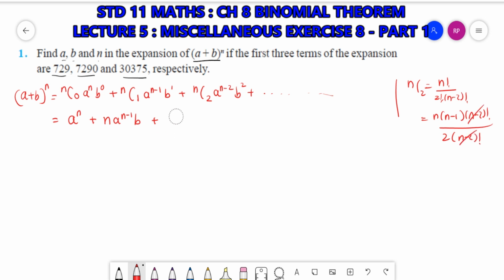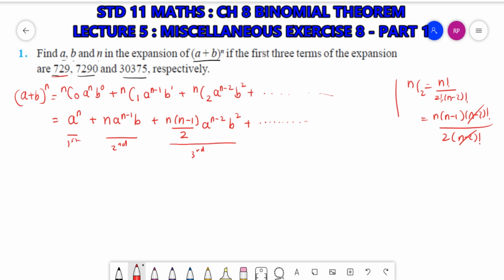Instead, I will write n(n minus 1) upon 2 into a raised to n minus 2 b square, plus dot dot dot. But we only want the first three terms. This is the first term, this is the second term, and this is the third term.